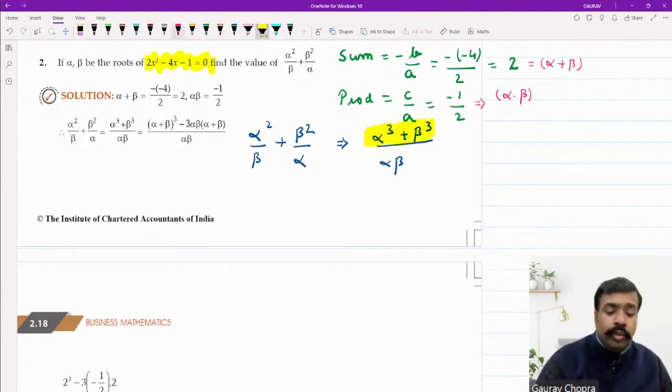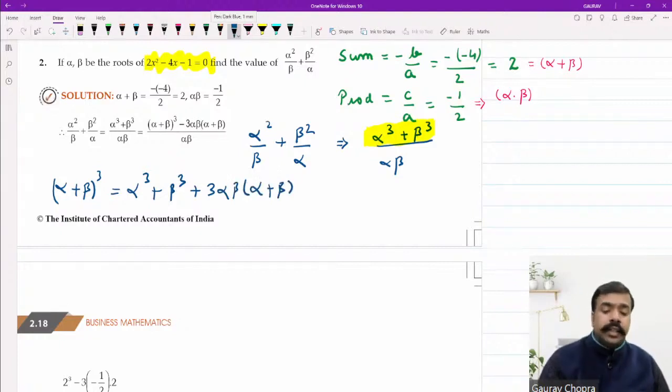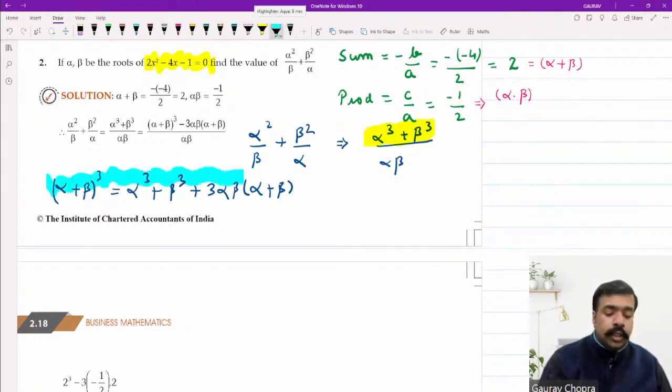So we know one formula, that is (alpha plus beta) whole cube equals alpha cube plus beta cube plus 3 alpha beta multiplied by (alpha plus beta). This is the basic identity which we normally learn in the lower classes.